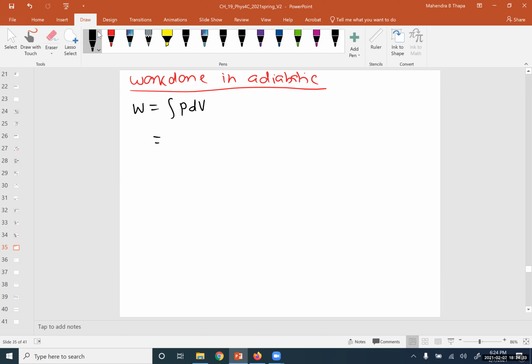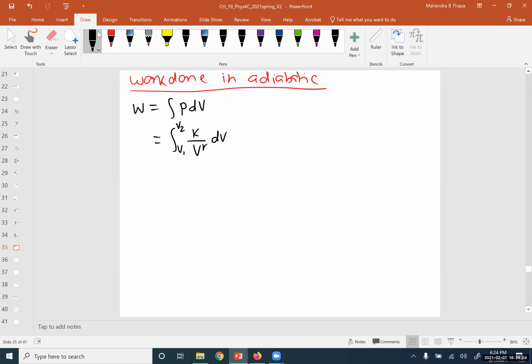In this case, P, V, and T all are changing, but in our equation we have P dV. So start with volume. Initial volume is V1, final volume is V2. So we can write constant K over V gamma dV.